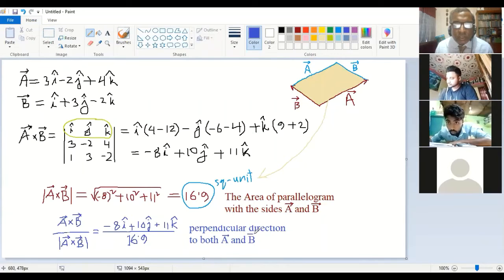So this is the understanding. So if you want to draw, which direction do you draw? It goes perpendicular to both of these, like this. So that is also 90 degree, this is also 90 degree, like that. Okay, so it is the understanding.